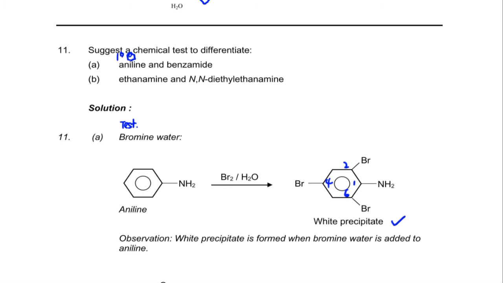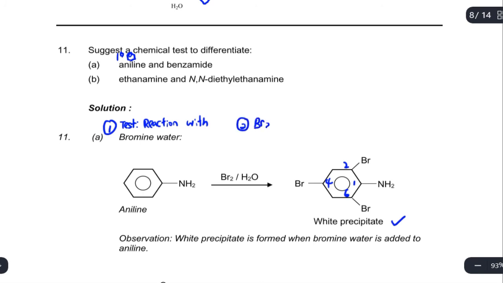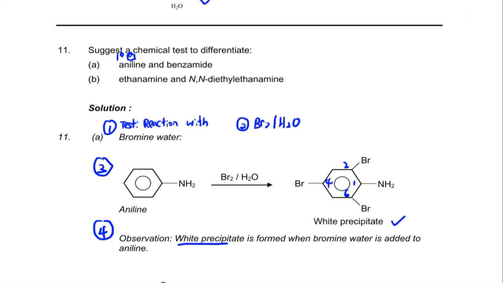So the test is reaction with bromine water. What is the reagent? The reagent is bromine in water. Then equation 1, observation 1. Observation 1 gives the positive test, which is a white precipitate formed when bromine water is added to aniline.